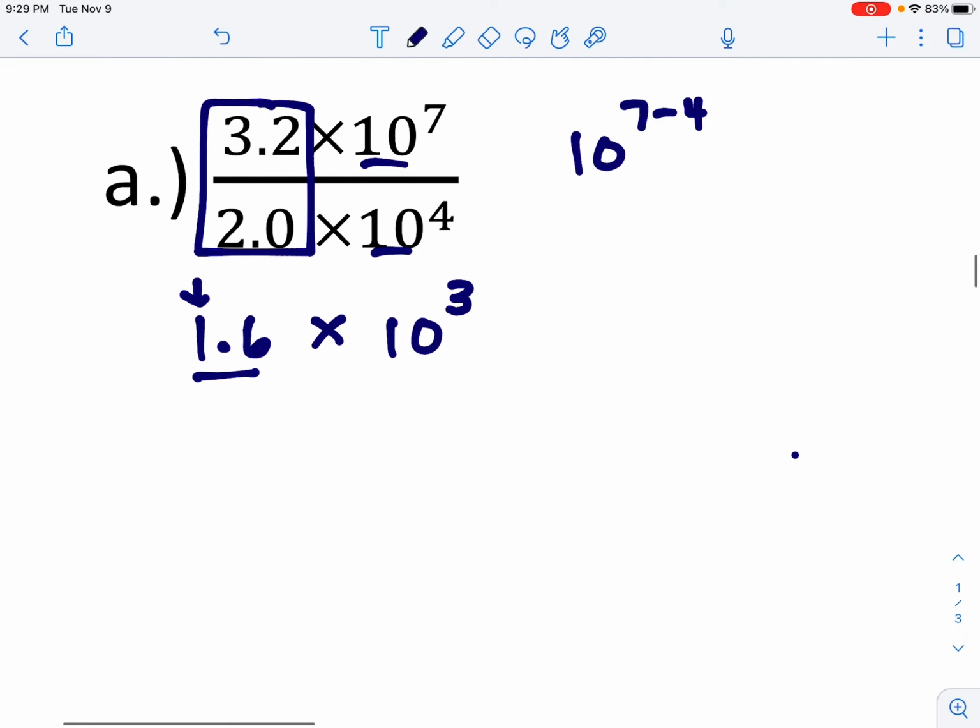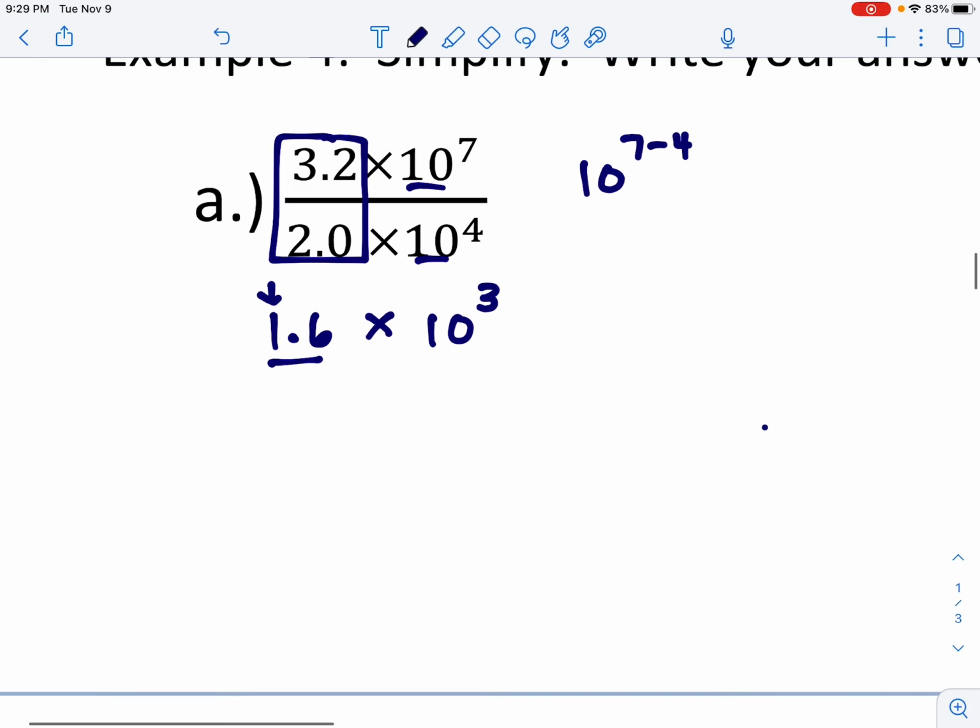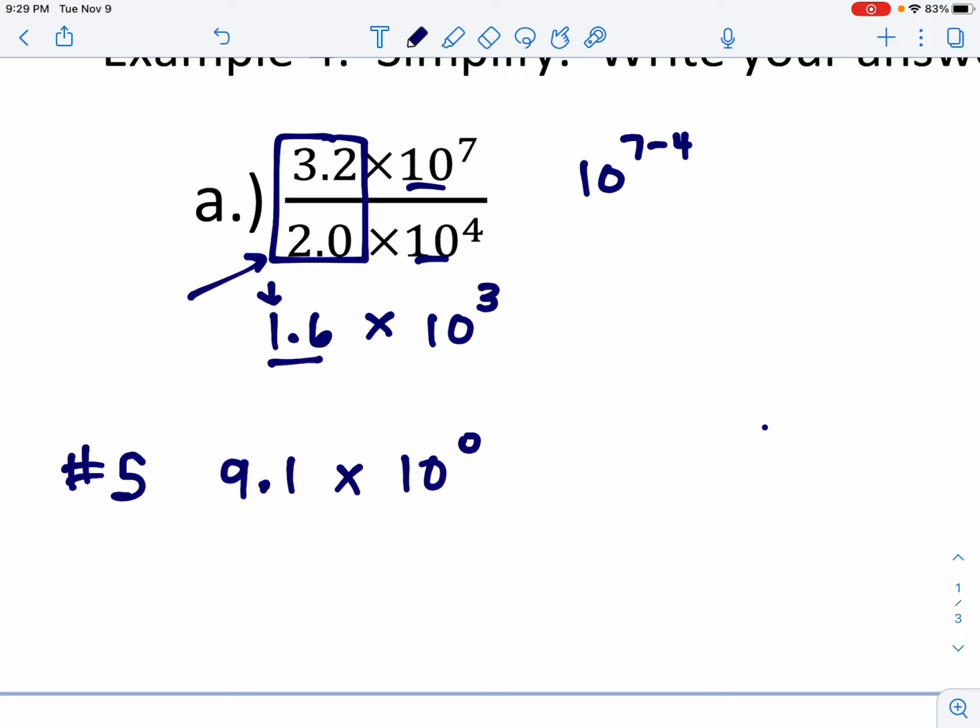Now, I'm going to tell you this on your homework. You might not get such nice numbers that divide out so evenly like this. So, for example, you might get something like, let me find your number 5 on your homework. So number 5 looks like this. 9.1 times 10 to the 0 over 8.5 times 10 to the negative 6th power.